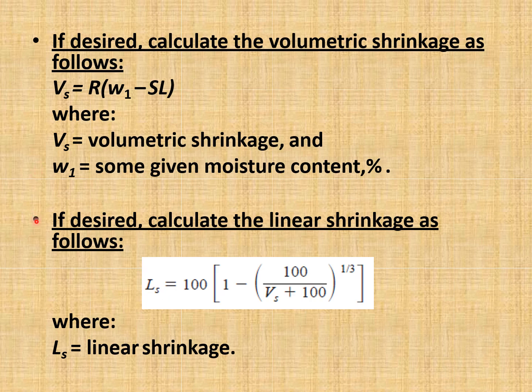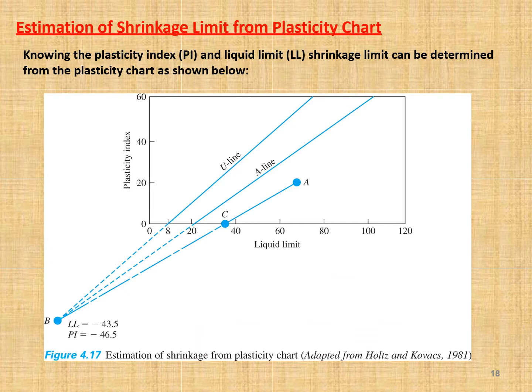And the next is the calculation of the linear shrinkage. Linear shrinkage is represented by L sub S, and this is the formula. Here you can see there is involvement of V sub S, the volumetric shrinkage that you can determine by using this formula. Now this is the last slide for this discussion.